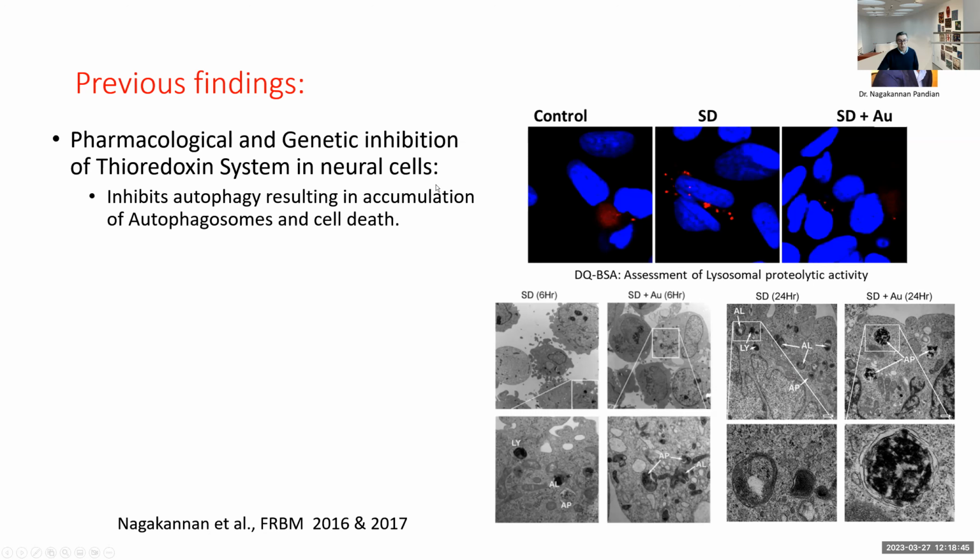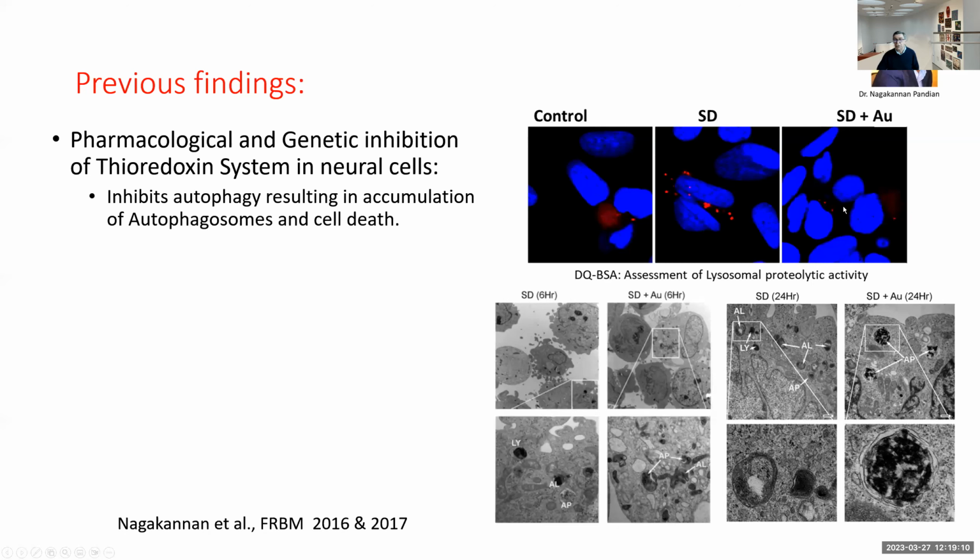And what we showed, focusing on autophagy and apoptosis, was a decrease in lysosomal activity. Here are the cells in control, and the red dots show active lysosomes. With serum deprivation, as you know, there is an increase in lysosomal activity, as we can see here with increased red dots.